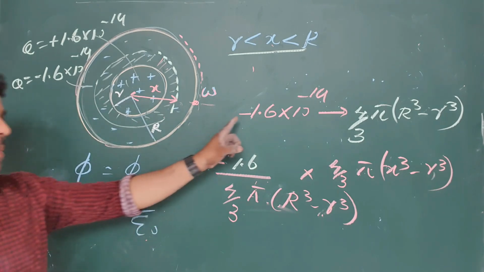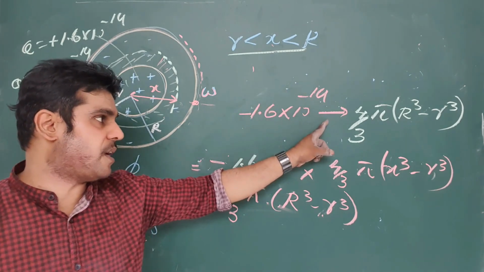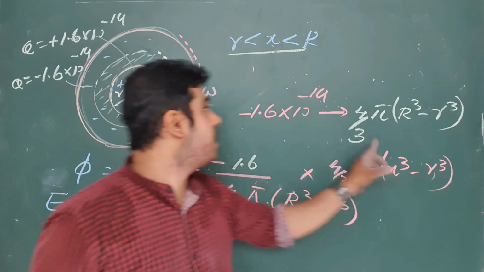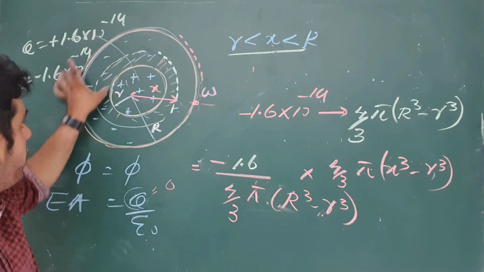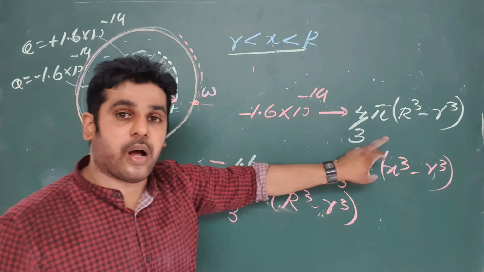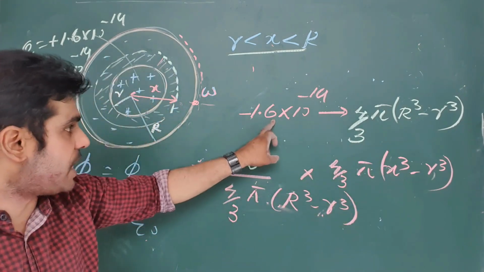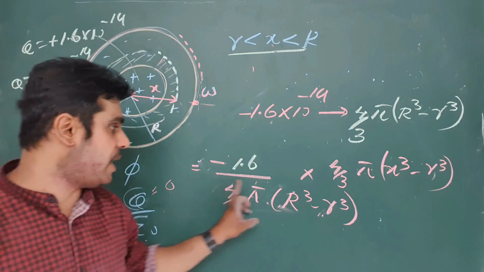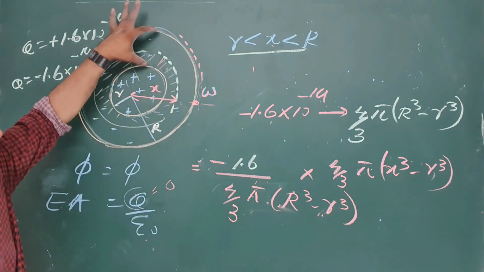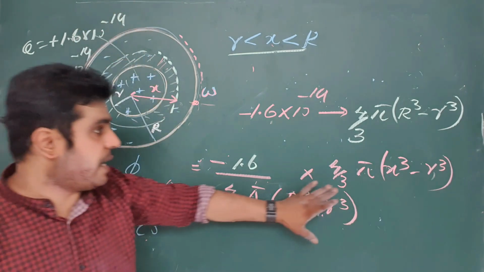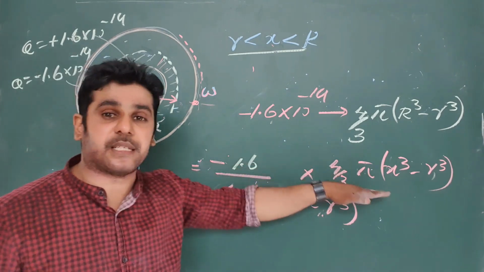Now because the negative charge lies in this volume, this whole strip, I told you to find the charge per unit volume. This negative charge should be divided by that relevant volume, this strip. And again you have to multiply by the necessary volume.